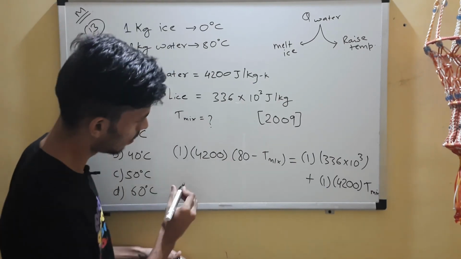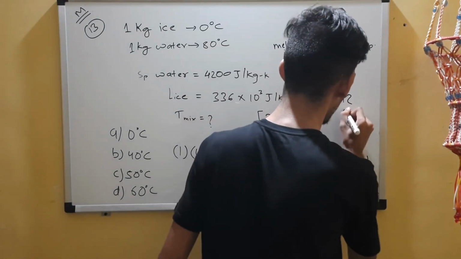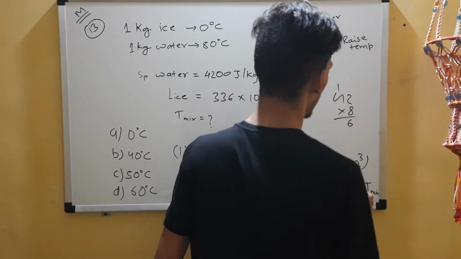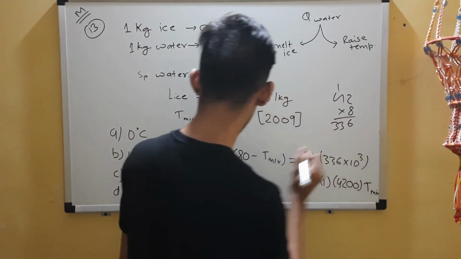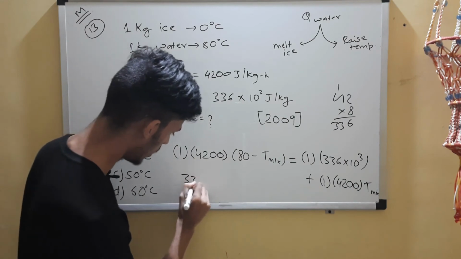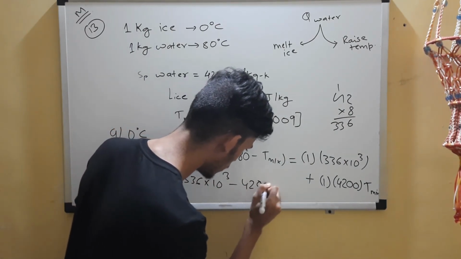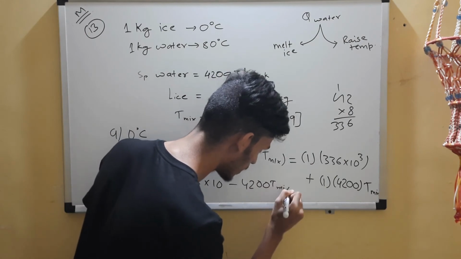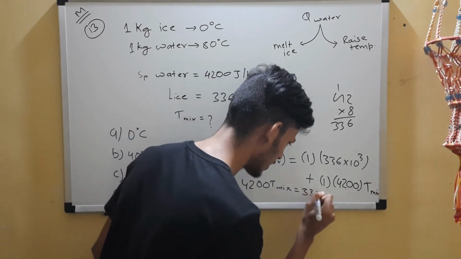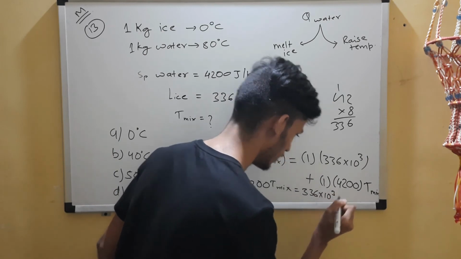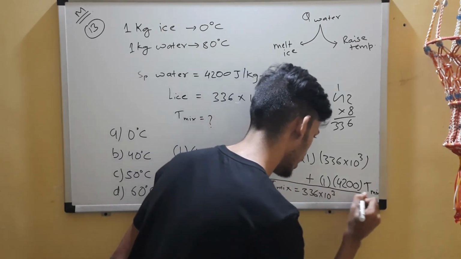This will be 4200 into 80, 42 into 8, 8 2s are 16, 8 4s are 32, 33, so 336 and 3 zeros: 336 into 10 to the power 3 minus 4200 into temperature of mix equals 336 into 10 to the power 3 plus 4200 temperature of mix. Can you see something fishy over here? Not my handwriting, but yeah.